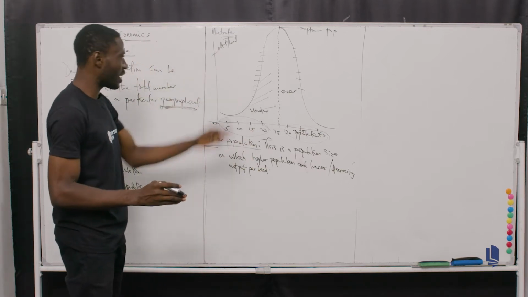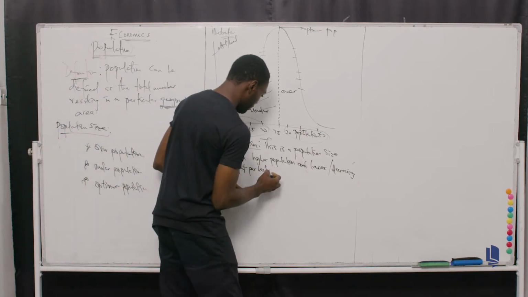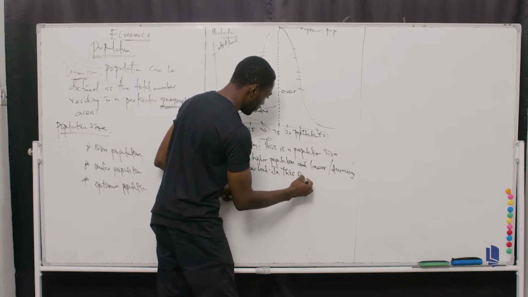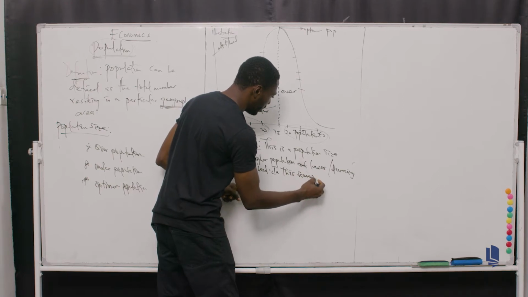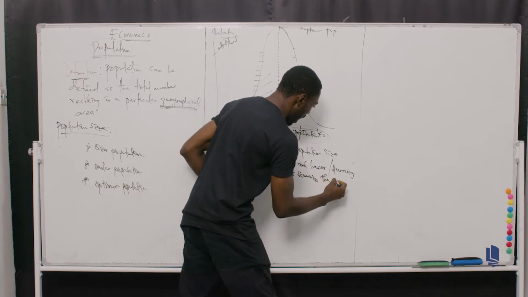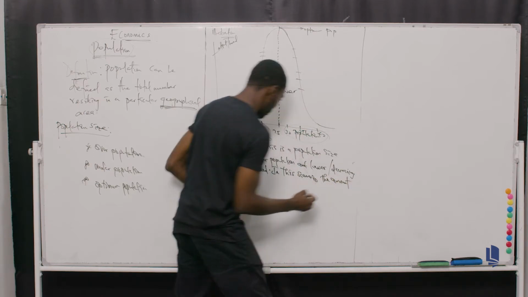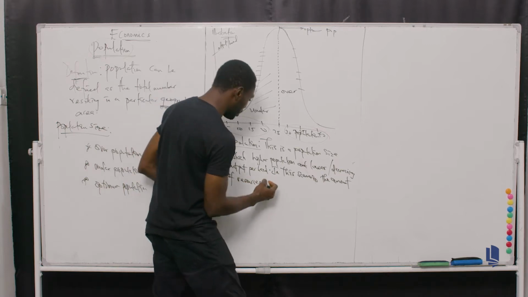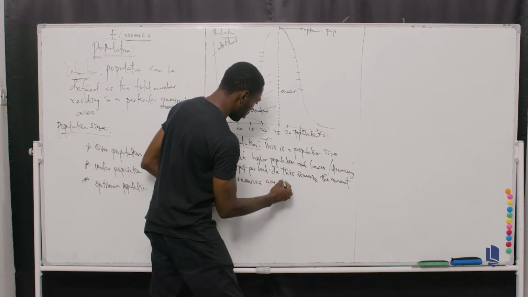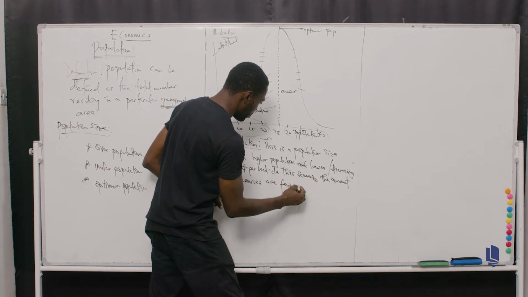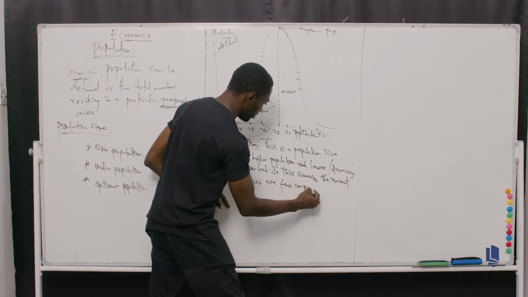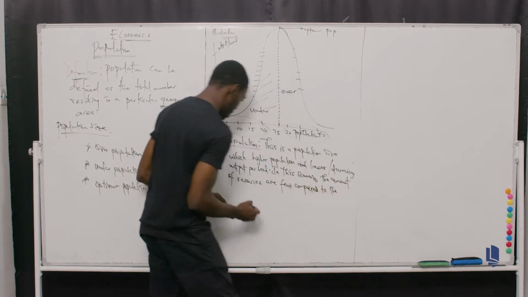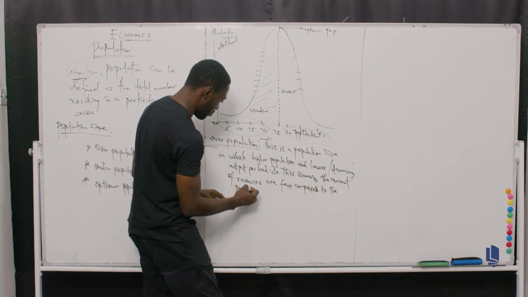Okay, so that's what the graph is showing. So we can just say, in this scenario, the amount of resources are fewer compared to the population.